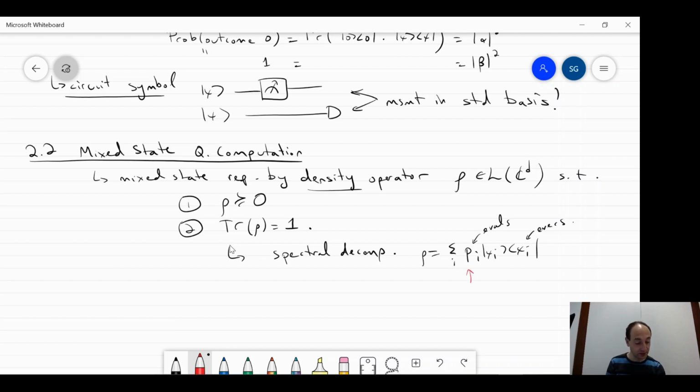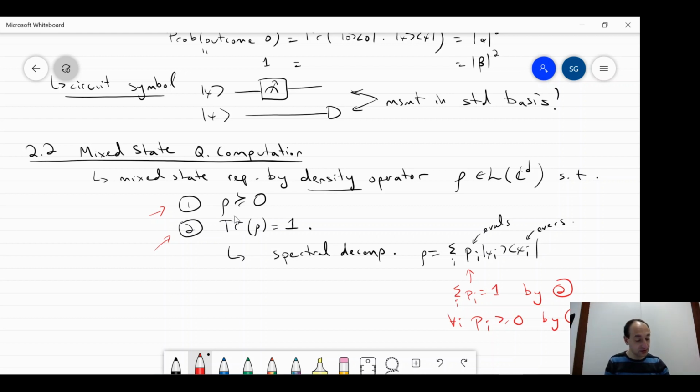So we know that the sum over i of p_i is equal to 1 by this trace condition. And we also know that for all i, p_i is greater than or equal to 0, by the PSD condition. Eigenvalues are all non-negative. So that's why the eigenvalues form a proper probability distribution.